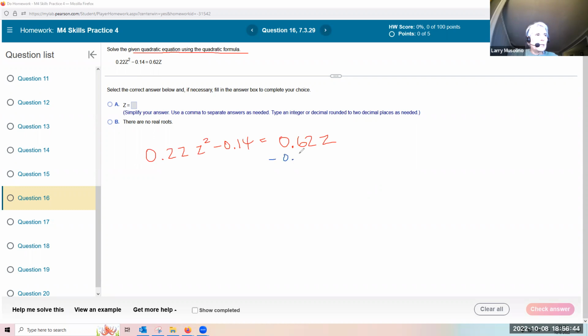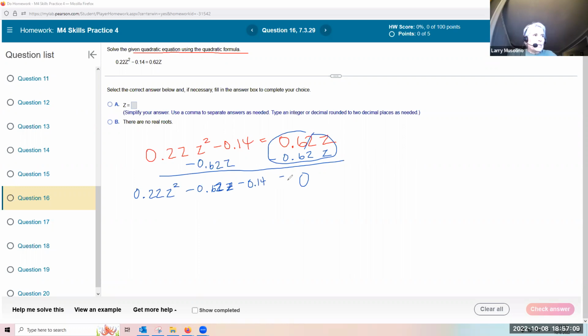So let me subtract this 0.62 z from both sides. That's going to get me a 0 here. So it looks like I got 0.22 z squared minus 0.62 z minus 0.14.